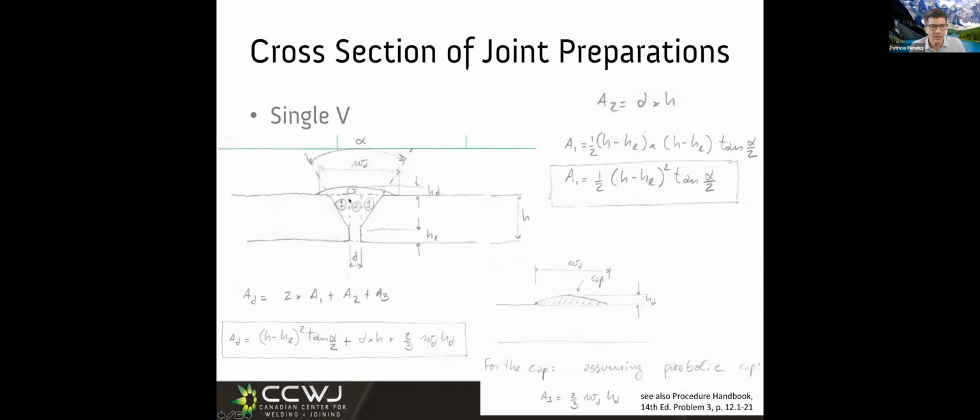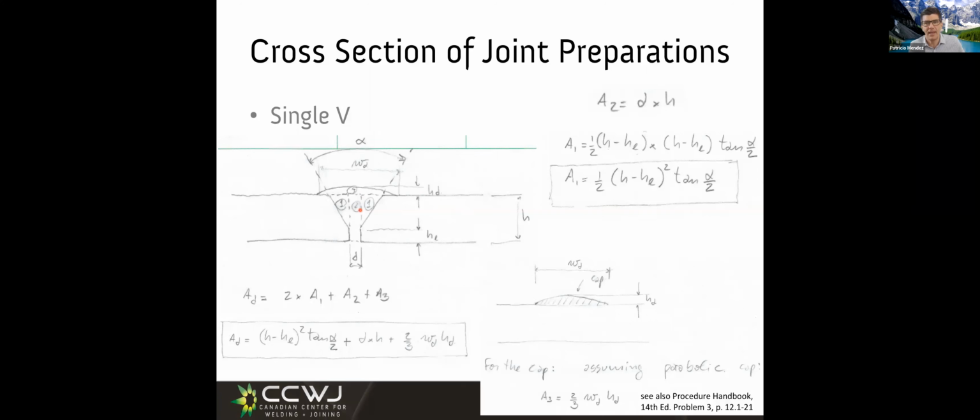Now, the height of this triangle would be this same length, h minus hl, times the tangent of this angle. And we know from the drawing, because this is half the groove angle, this is the bevel angle.